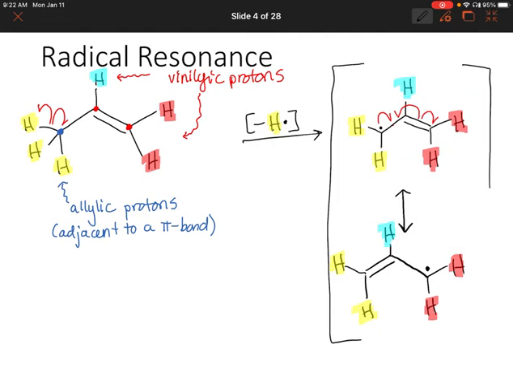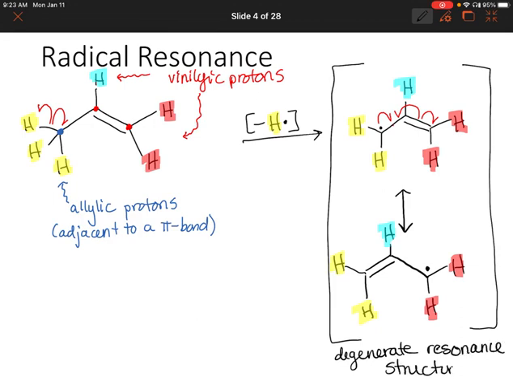Now again, these are resonance structures, so we would actually see a hybrid of these two in real life if we could visualize the molecule. Now both of these resonance structures have the same energy, so we would call these degenerate resonance structures. So remember, degenerate just refers to the fact that they have the same energy.